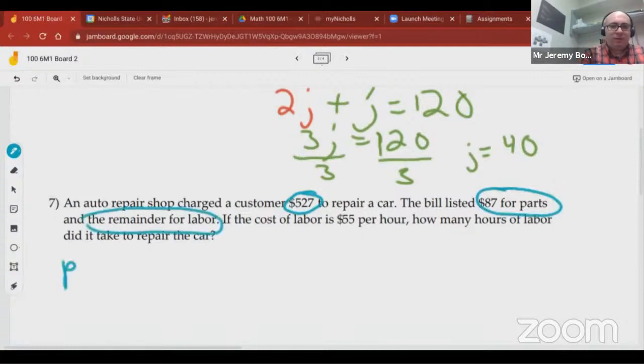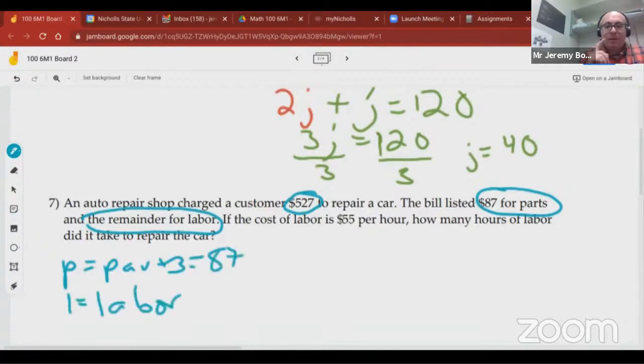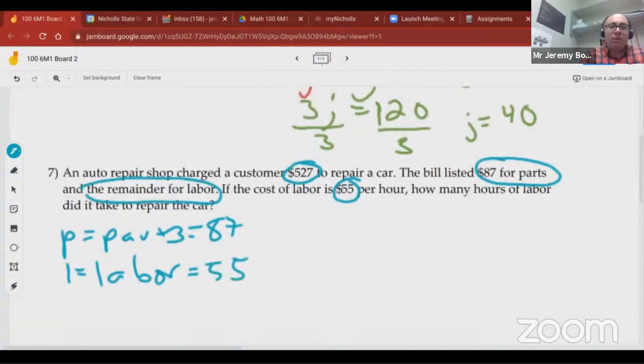So if I say P is equal to parts and L is equal to labor, we already know that the parts is $87. Let's read further. If the cost of the labor is $55 per hour, how many hours of labor did it take to repair the car? So for the labor, we're going to say, well, that's $55, but it's per hour.